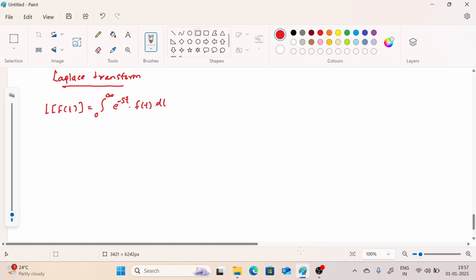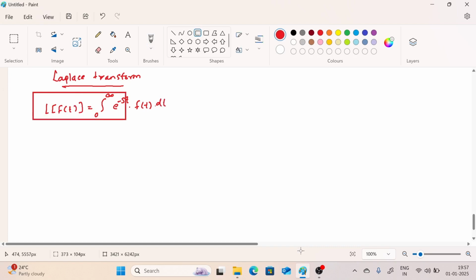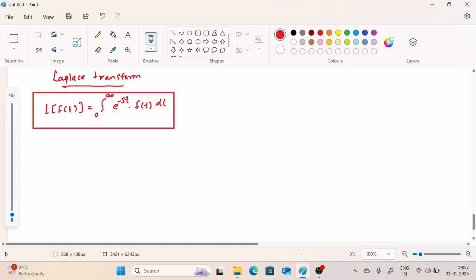This is the basic equation of Laplace, and based on this equation, we discovered seven values which we are going to use in upcoming sessions.